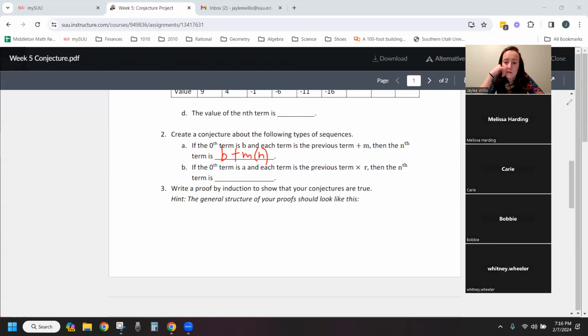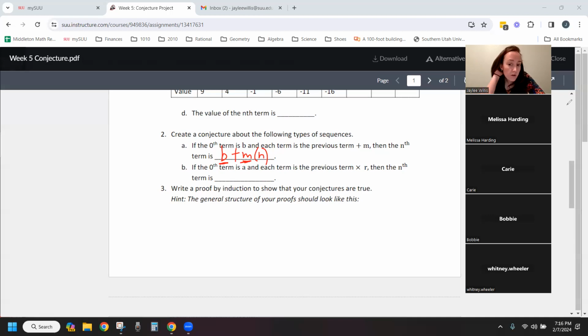It's like the first one we did when we started with 8 and it was increasing by 6 every time. Perfect. Yeah, so we've got your starting term and then you're adding m, but you're doing it n number of times. So rather than writing plus m, plus m, plus m, plus m, plus m, we just notate it as m times n because that's the same thing as adding m a bunch of times. Okay, so that's great for our first conjecture.